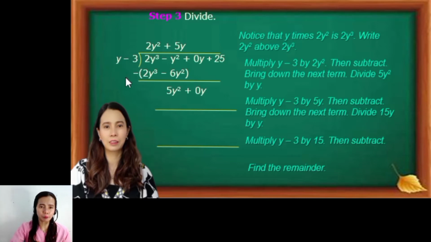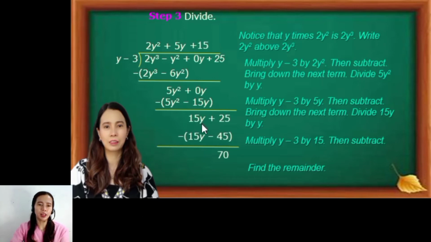Then again, repeat the process. Multiply 5y by y minus 3. So we have 5y squared minus 15y. Again, change the sign. So this becomes negative 5y squared. Makakancel to. Then magiging positive to. So, 0y plus 15y, that is 15y. Inuunahan na ako ng PowerPoint. 15y.